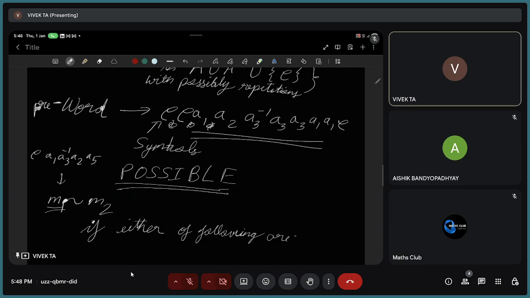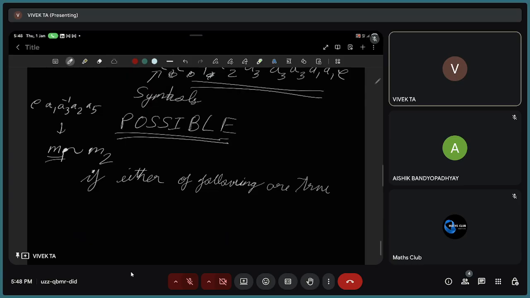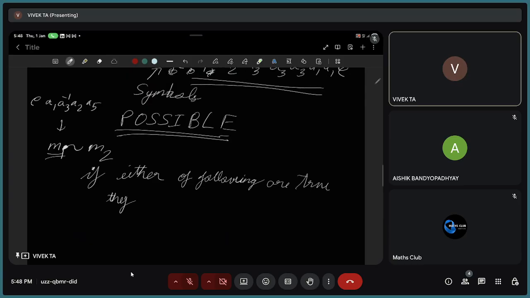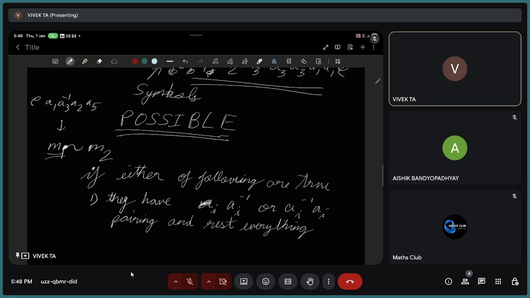One, they have an AI AI inverse pairing, or an AI inverse AI pairing, and the rest, everything, visually looks the same.